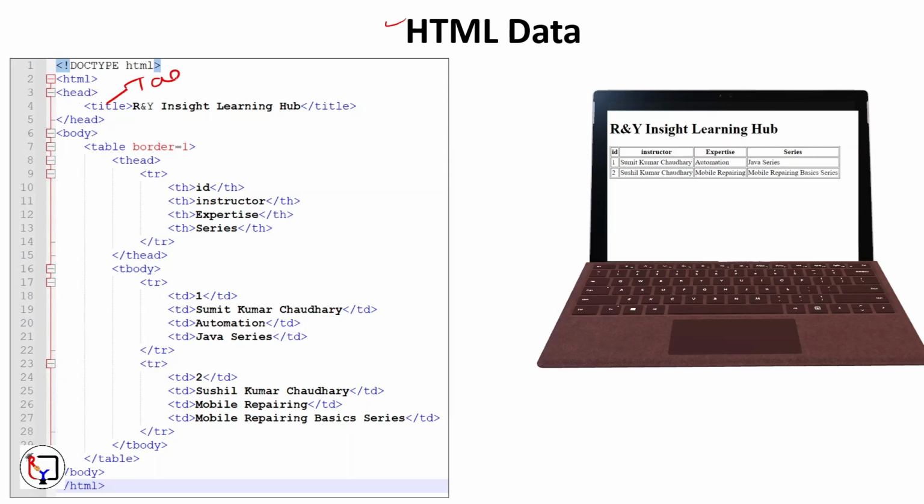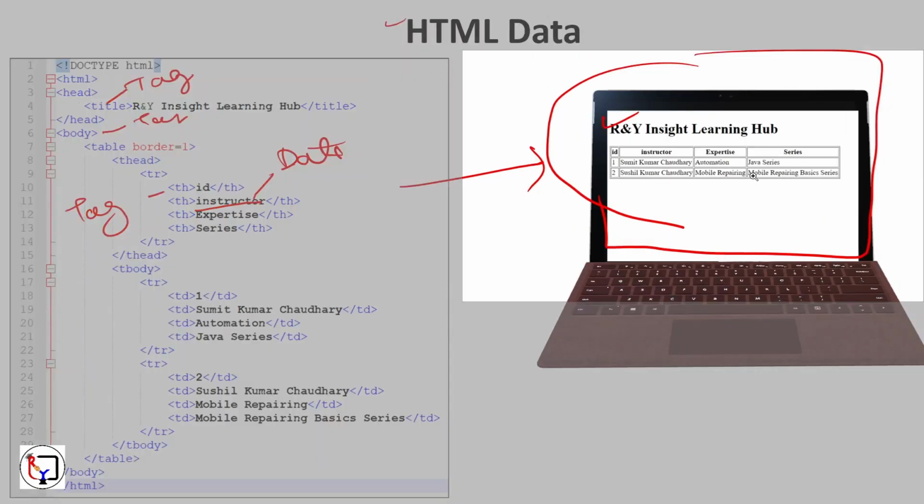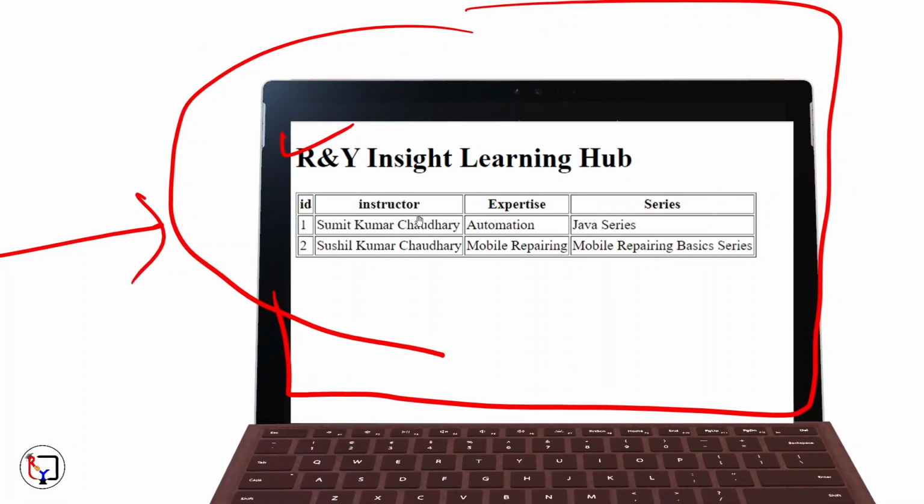This is a tag, this is also a tag, all these are tags, and these are the data. With the help of a browser on this laptop, we can see the output. This is the output, as you can see.